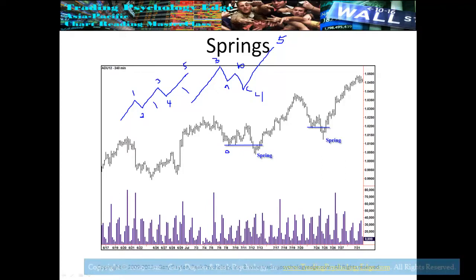Look, A, B, C, and a spring. They're lovely. A, B, C, and a spring. Very powerful. What happens on these is that you're in an uptrend. And you've got to have an uptrend.